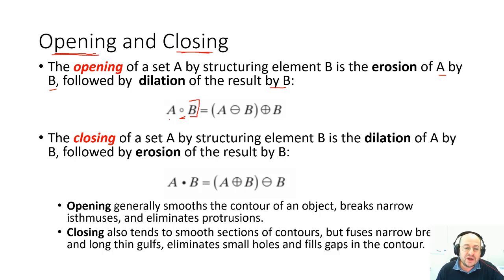Let me start again. The opening of an image A by a structuring element B is the erosion of A by B, and then the dilation of the result of that by the same element.